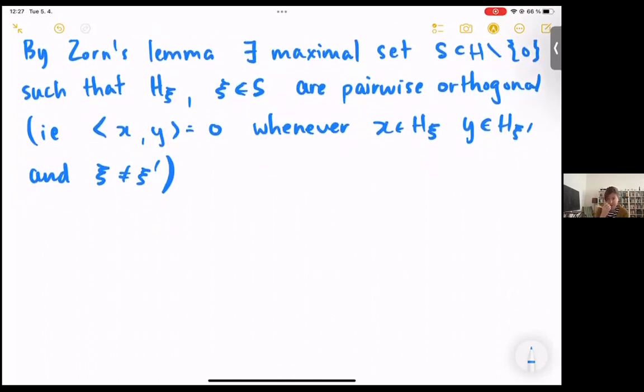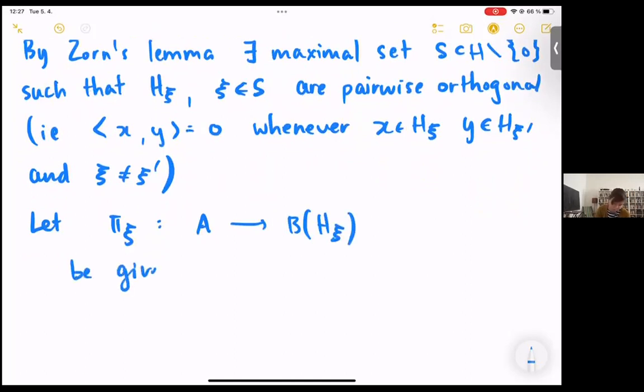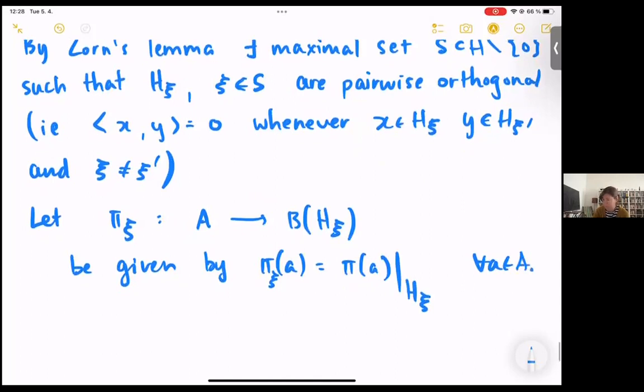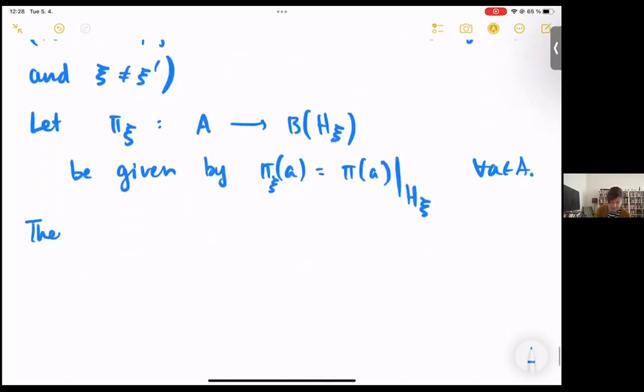Then we can define a sub-representation in an obvious way by just restricting, and it's clear that these will be cyclic representations.